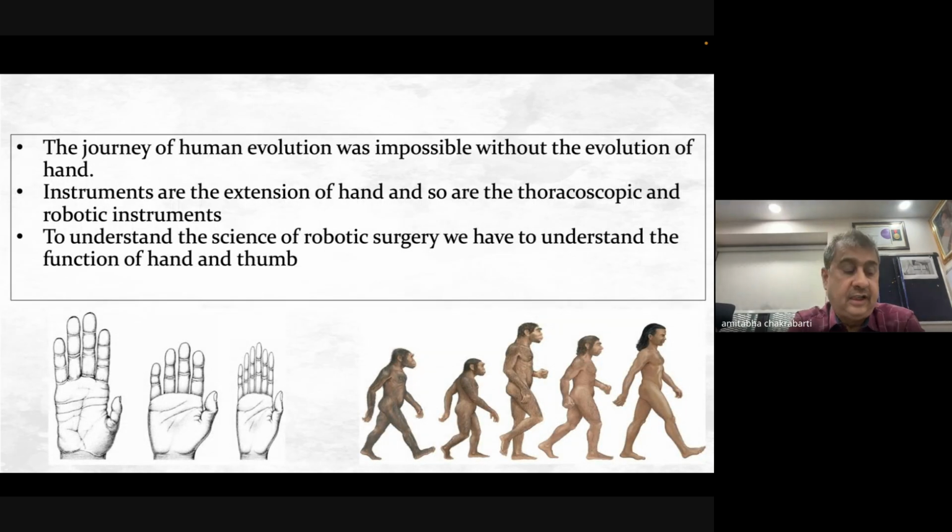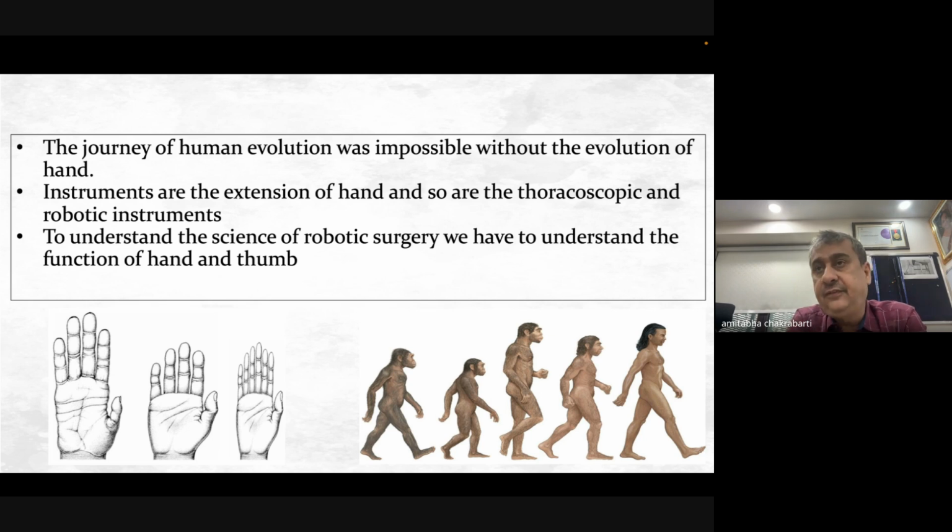The journey of robotic thoracic surgery cannot be discussed without understanding that the journey of human evolution is impossible without the evolution of the hand. And as we all know, instruments are the extension of the hand. So to understand the science of robotic surgery, we have to understand the function of the hand.